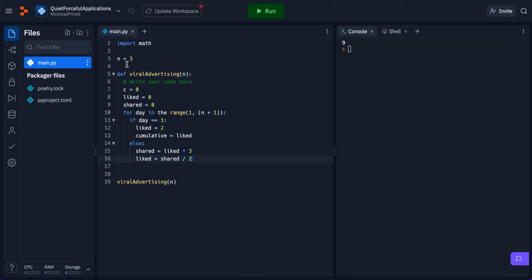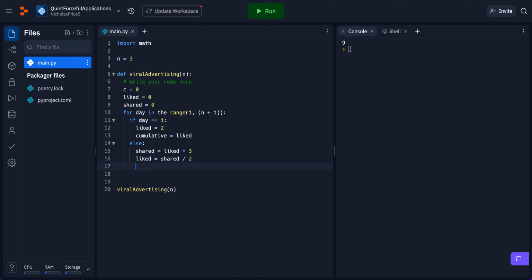So for day 2, we start with our likes from the day before to establish our shared. So we take 2, each of those 2 people shares it to 3 people each. We get 6 likes on that day, and then half of those people will then go ahead and share it on the next day. So 6 divided by 2 becomes 3.